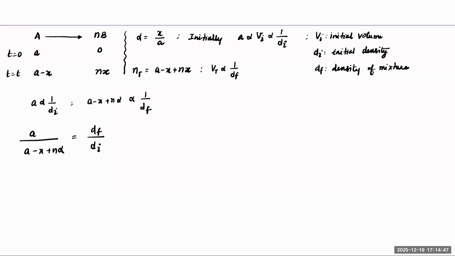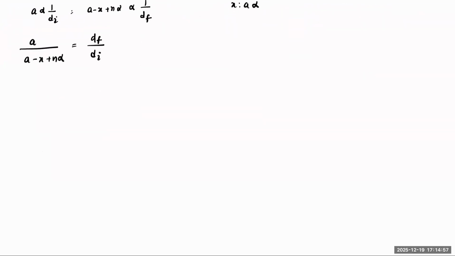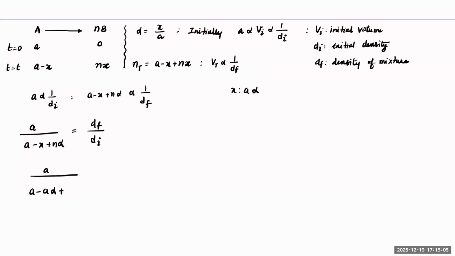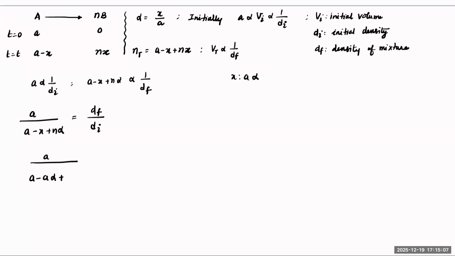Right. Now, what exactly is X, beta? X is nothing but A alpha. So you know that X is equal to A alpha. Let me put that value here. A divided by A minus A alpha plus Nx.